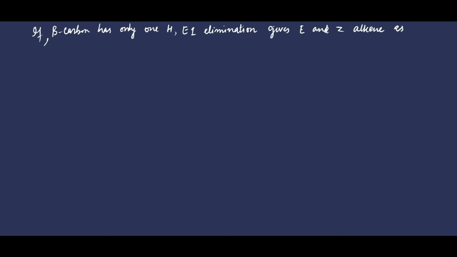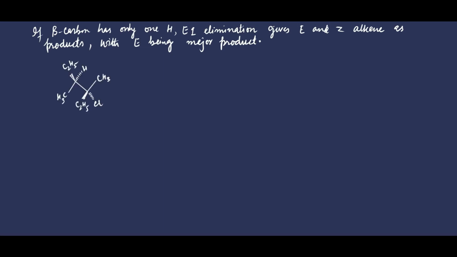If beta-carbon has only one hydrogen, the E1 elimination gives both E and Z alkene as products, with E alkene being the major product. On the contrary, E2 elimination with such substrates gives only one isomer because E2 elimination is anti. Consider this substrate.